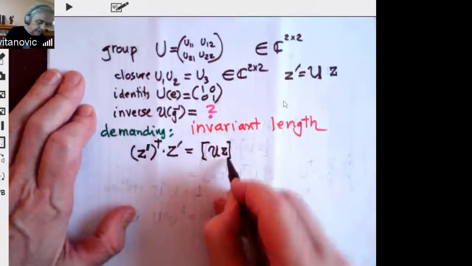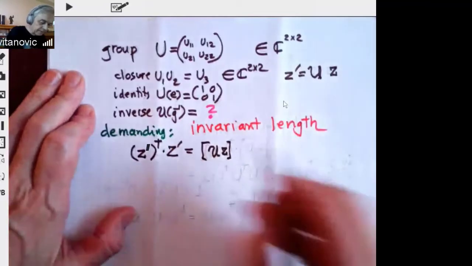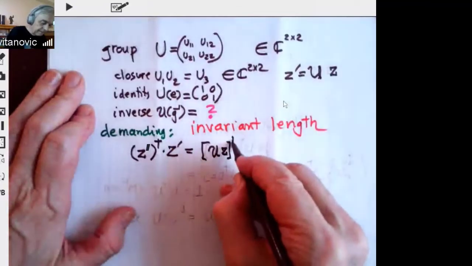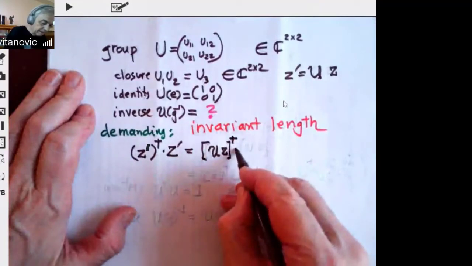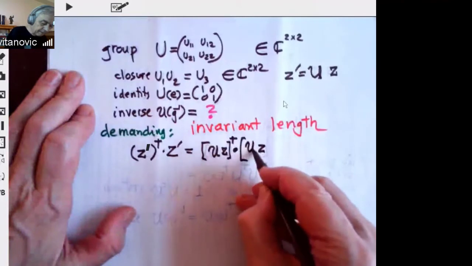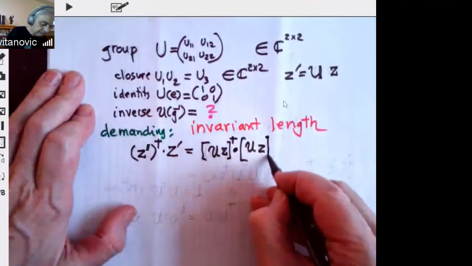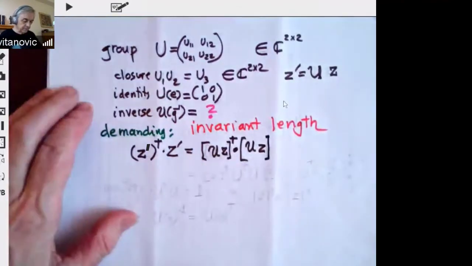It has 2 components. We'll lay them out horizontally, and we take a complex conjugate. And then I dot it with the original vector multiplied by matrix U. This is again a column of height 2.